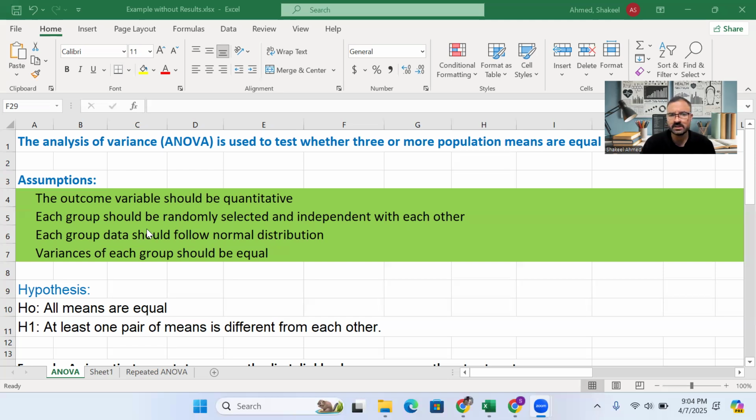The groups should be independent, and each group's data should follow a normal distribution. That is another requirement, and the variance of each group should be equal. So mostly these are the assumptions we need to fulfill while applying this test.